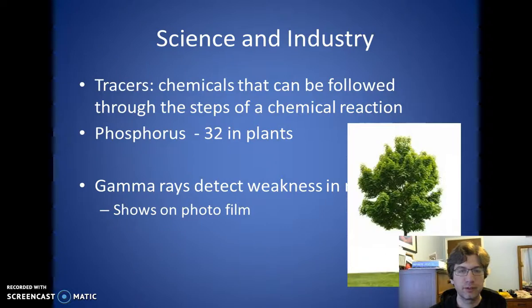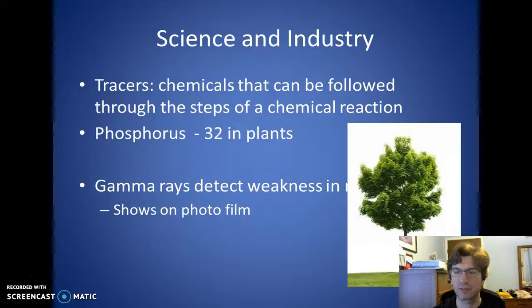Our next use for radioactive material is tracers. Tracers are chemicals that I inject into different environments to see where they use that chemical. For example, if I want to find out where a plant uses phosphorus, because I know phosphorus is not part of photosynthesis, so why does a plant grow better with phosphorus than without phosphorus?